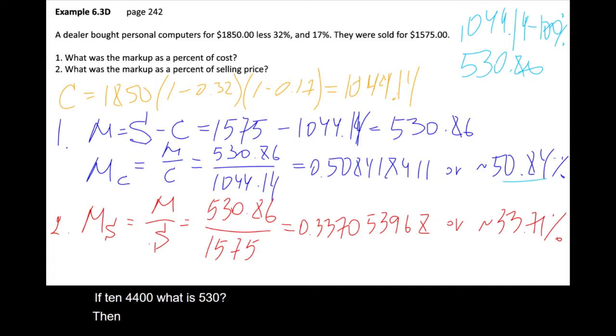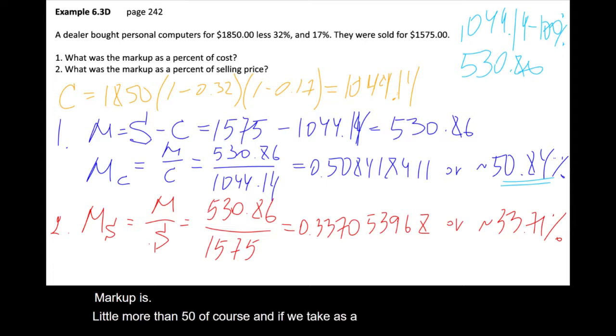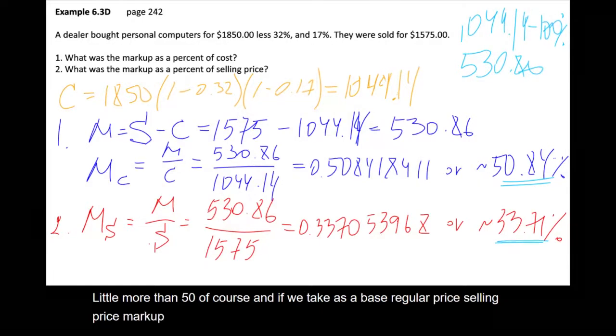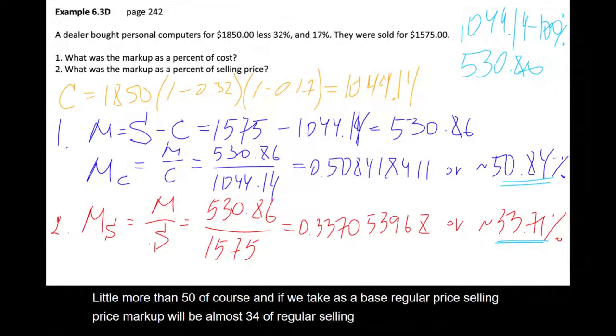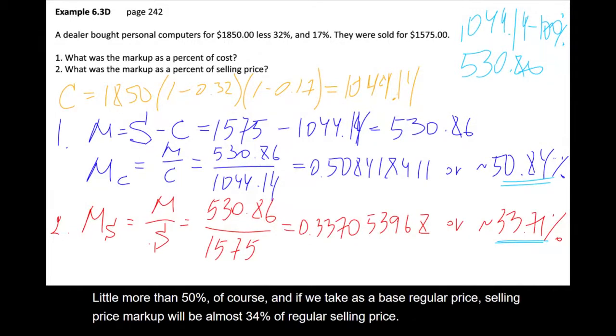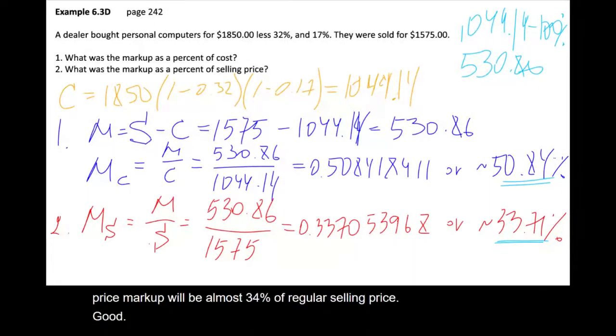It's a little over 50%. Oh, okay. That makes sense. So markup is a little more than 50% of cost. And if we take the regular selling price as the base, markup will be almost 34% of the selling price. Good? Okay. Any other questions?